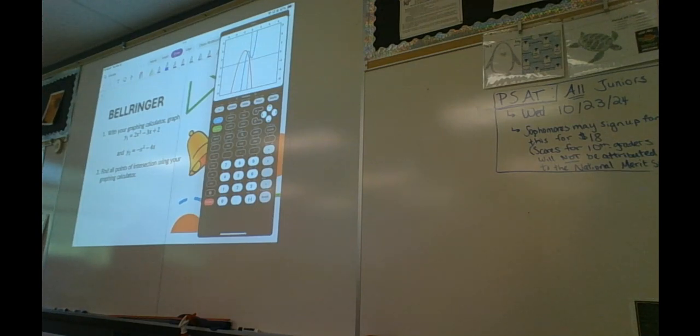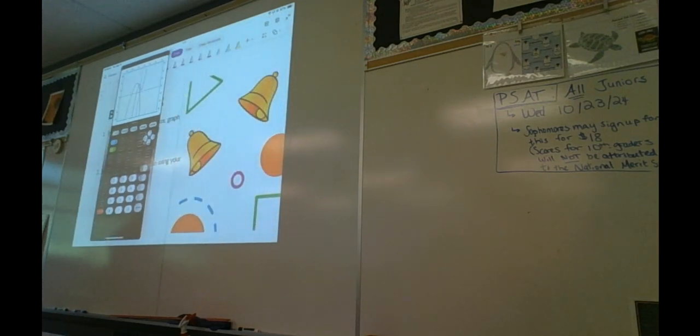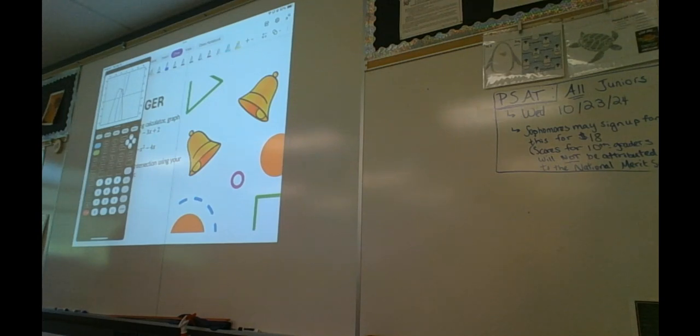Okay? Now, to find the intersect, we said we go to second trace, which is like your calculate button, right? Second. Okay, is it freezing on me? Okay, there we go.